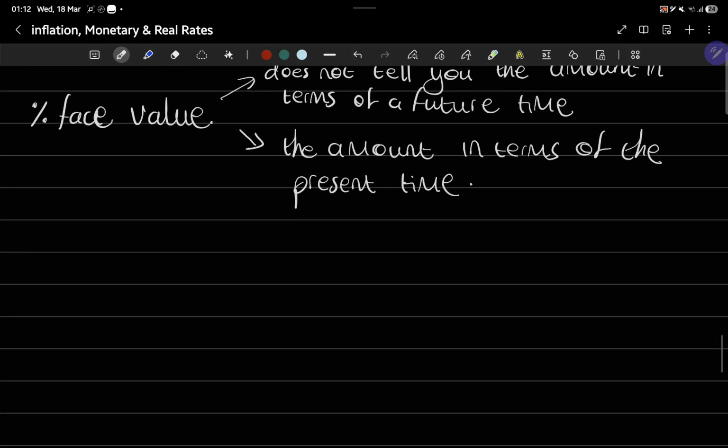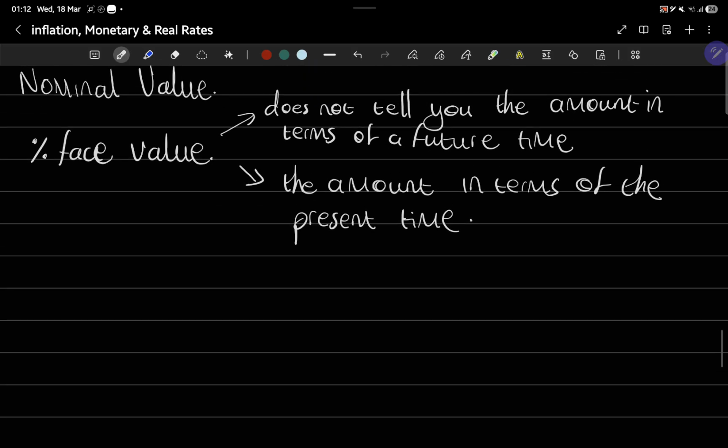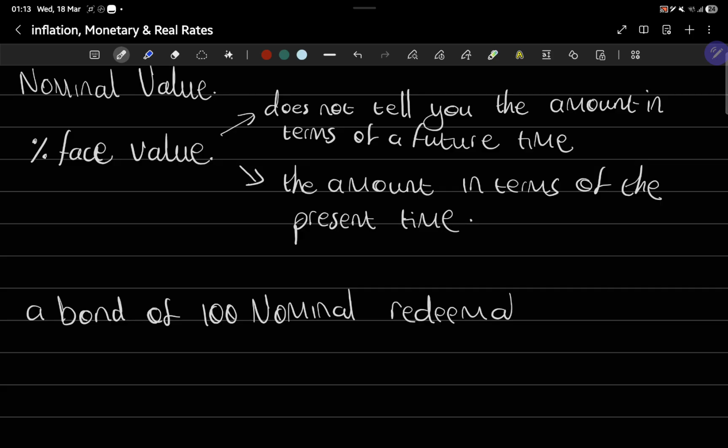For an example of a nominal amount, if I say a bond of 100 Rand nominal, redeemable at 105%.